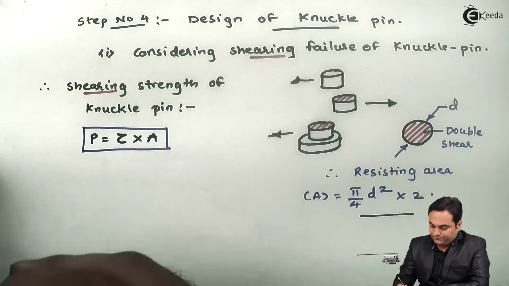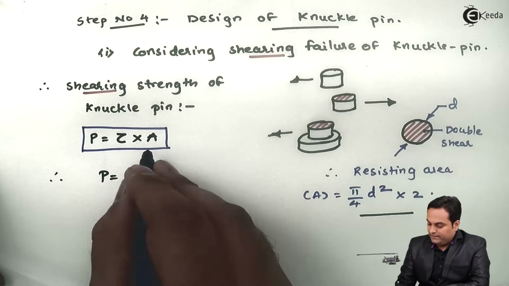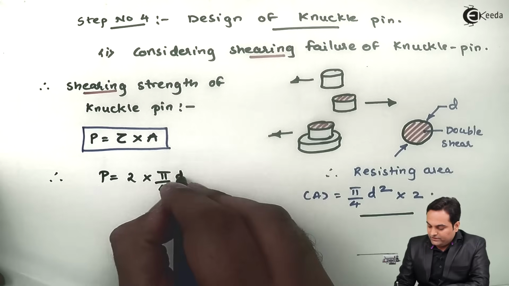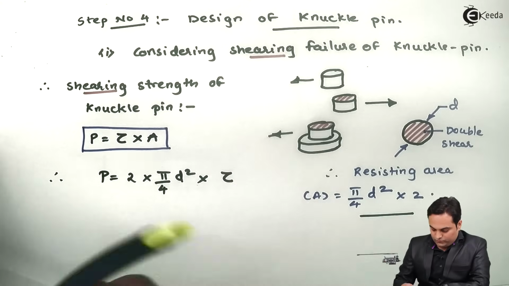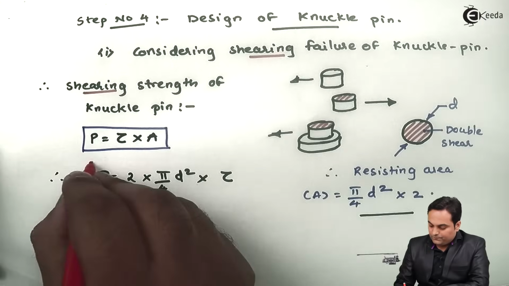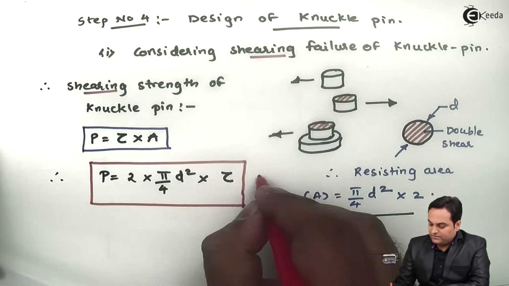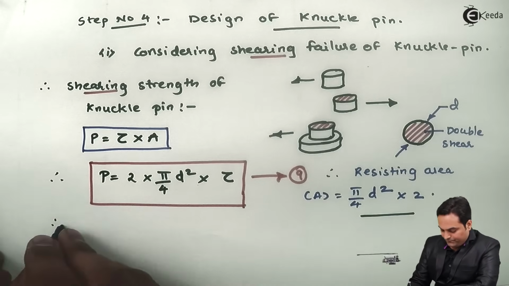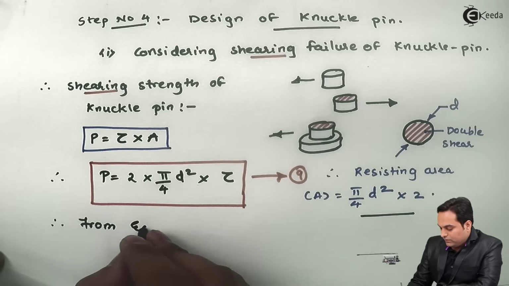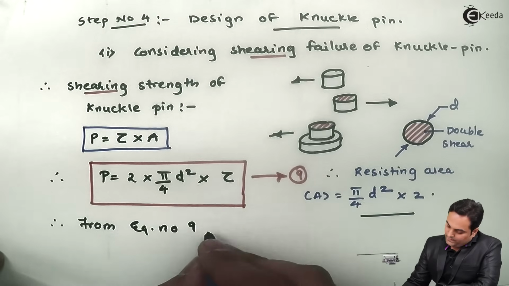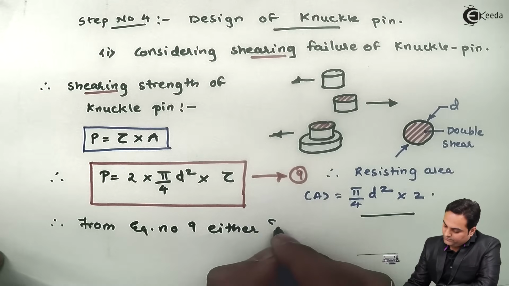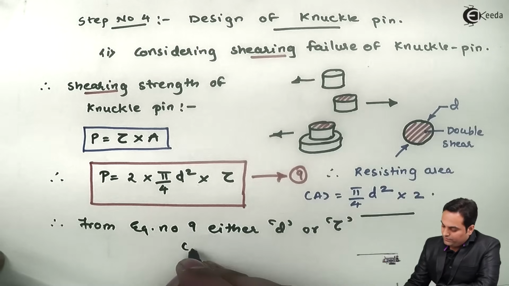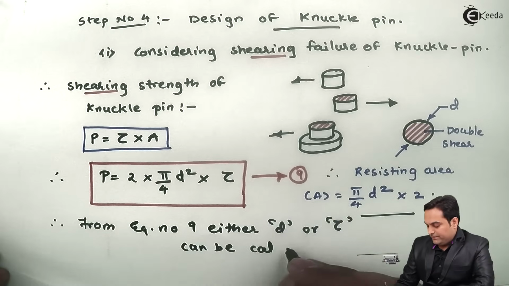Therefore P is equal to 2 into pi by 4 d square multiplied by tau, which is the shear stress, and this gives me equation number 9. So from equation number 9, either d, that is the diameter of knuckle pin, or tau can be calculated.